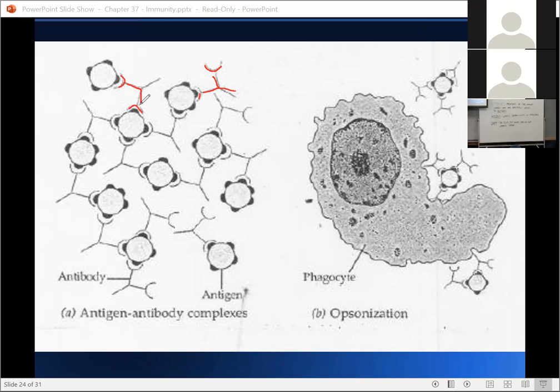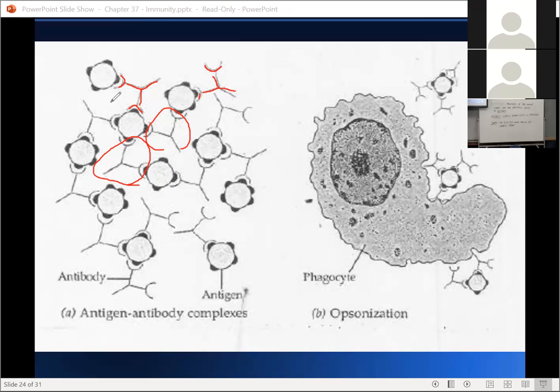So here's an antibody binding to two things, and another, and another. By binding to two things like this, or being divalent, they make these large complexes. Making these large complexes by binding to two things is called agglutination.